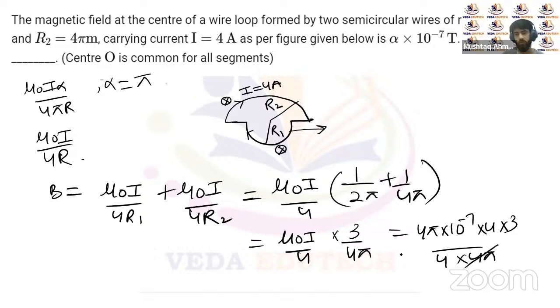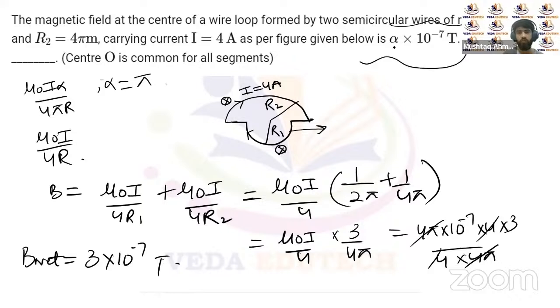So 4 pi and 4 pi will get cancelled, and 4 and 4 will get cancelled. We'll be left with the net magnetic field at the center, which will be 3 into 10 to the power minus 7 Tesla. So comparing the two results, the value of alpha comes out to be 3. So 3 will be the value of alpha.